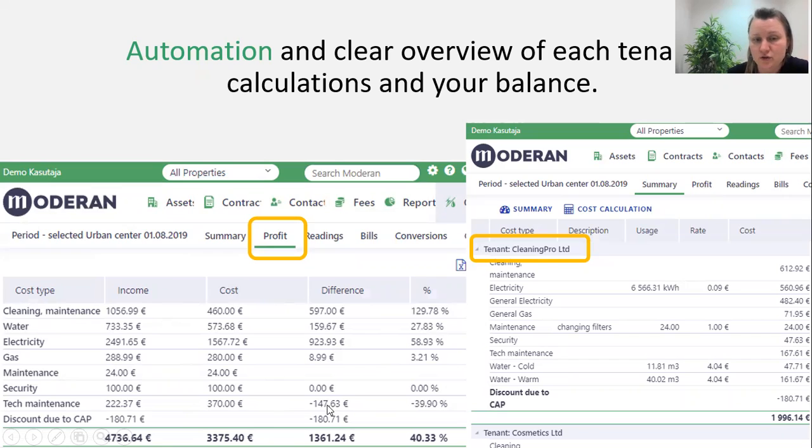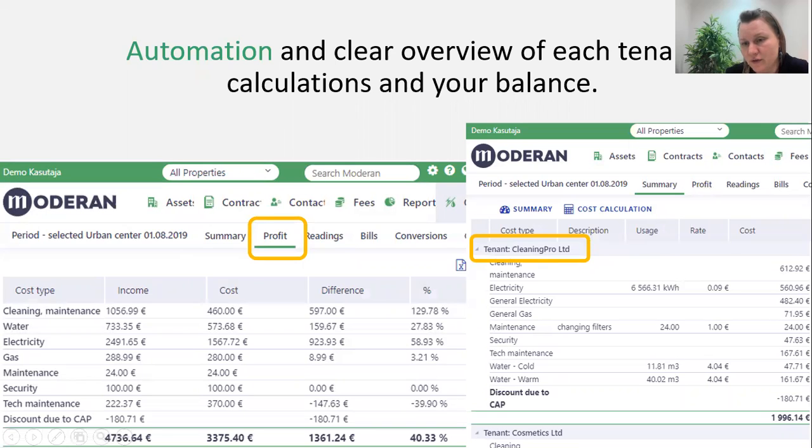Ideally, it should maybe be all zeros here, or depending on the terms you have agreed with the tenant, there are sometimes minuses, sometimes pluses, but at the end of the day, you want to understand how much you are charging out of your own costs. And then, of course, you want to show the outcome for each tenant.